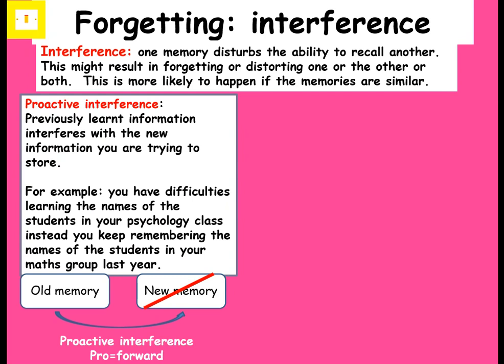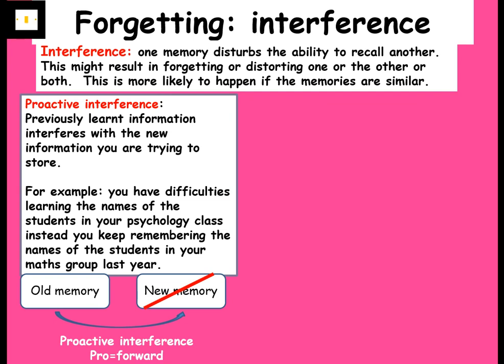This is the first type of interference, proactive. There isn't actually an easy way of remembering this, but I've tried at the bottom to put something in place. So pro, forward. In short, you've just got to learn these. Proactive is when previously learned information interferes with the new information you're trying to store.